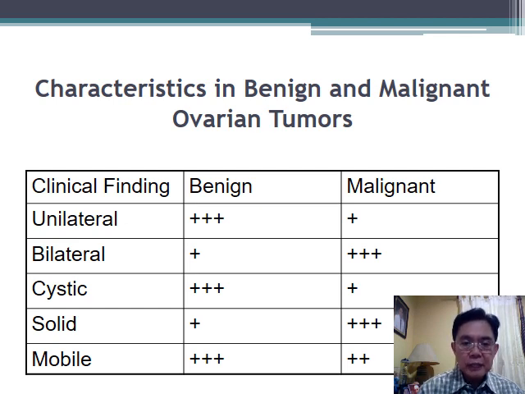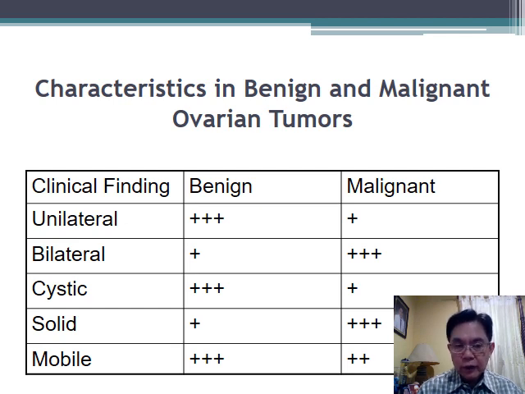Cystic ovarian masses are generally benign, whereas solid ovarian masses are commonly malignant. Malignant ovarian tumors can present as cystic tumors with solid areas, or solid ovarian tumors with some cystic areas. So the combination of cystic and solid is more towards a malignant ovarian tumor.